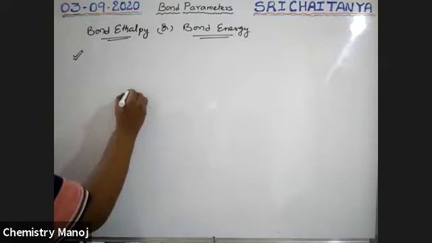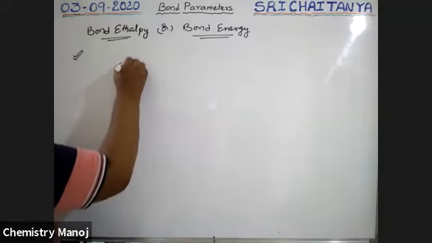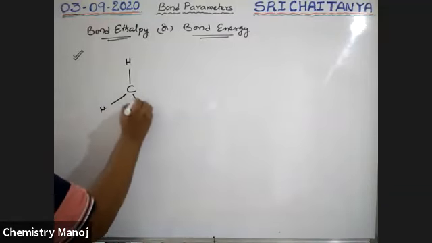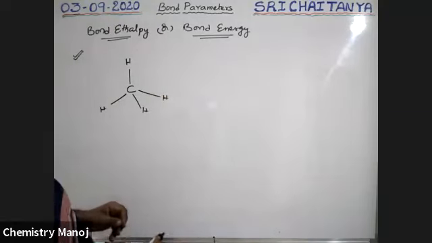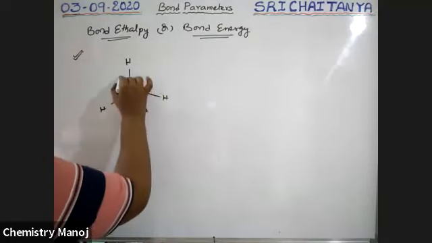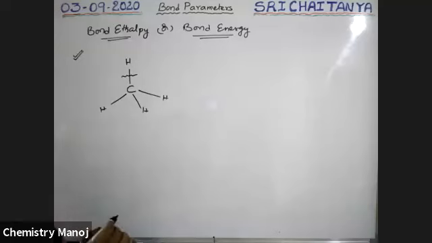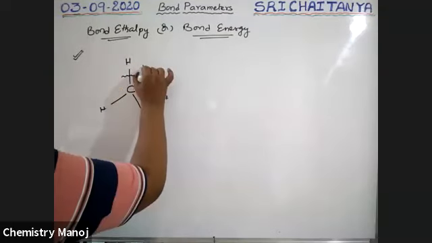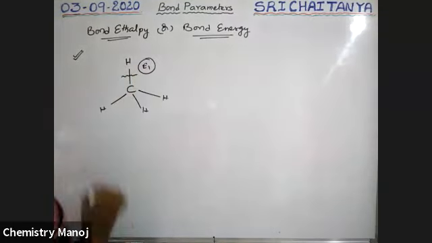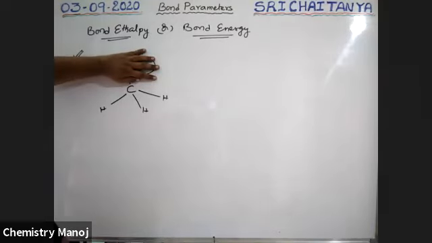Here all are C-H bonds. So here I am going to break these bonds. In a CH4 molecule, one C-H bond is going to break. The energy required for this one, let it be E1. Now CH3 is there.